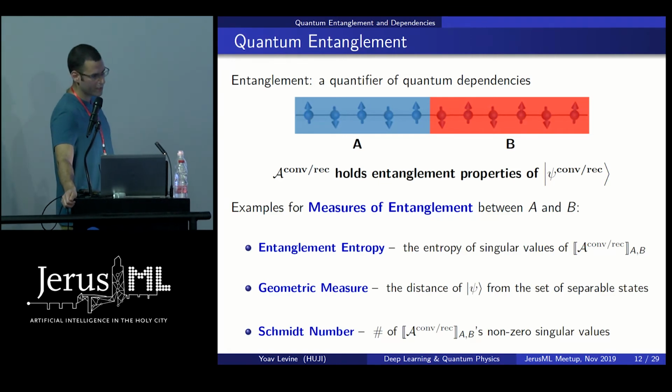So by some rank measure over this tensor with respect to the indices, for example, you take the left particles in subsystem A and the right in subsystem B, you take some sort of rank of this tensor with respect to this partition, and it tells you how entangled it is, or how much information this wave function really holds which mixes these two parts.